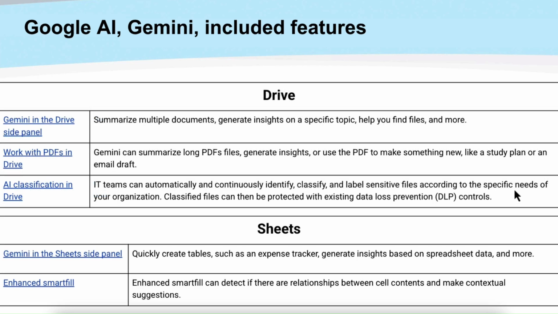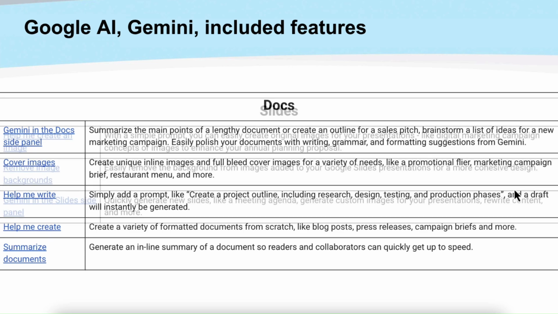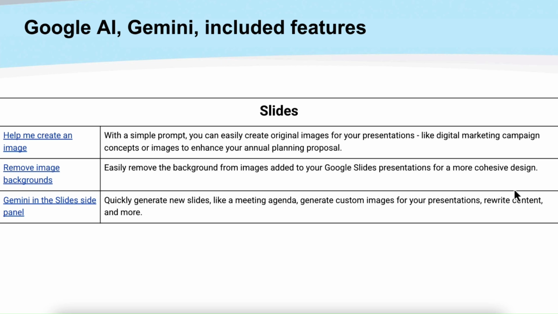In Drive, on that side panel, you can summarize multiple documents, gain insights into specific topics, help find files, work with PDFs, and use AI classification with labels and DLP controls. In Sheets, you have the side panel for quickly creating tables and enhanced smart fill. In Docs, you have more with creating cover images, Help Me Write, Help Me Create with formatting, summarizing documents, and so on. In Slides, you can help me create an image, remove image backgrounds, which is very cool, and some other stuff as well.